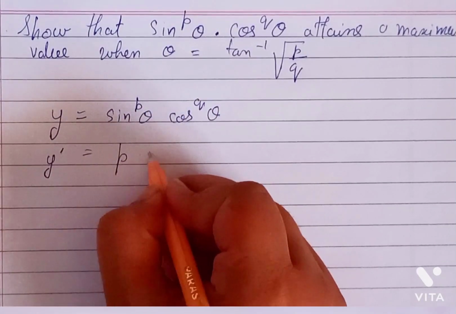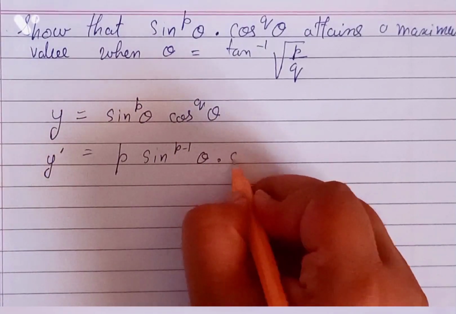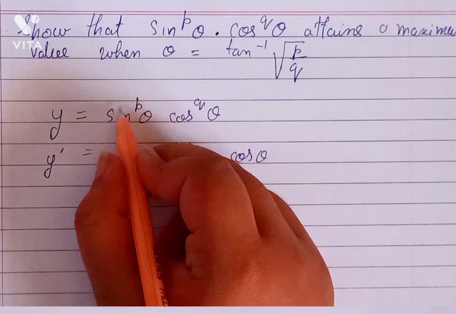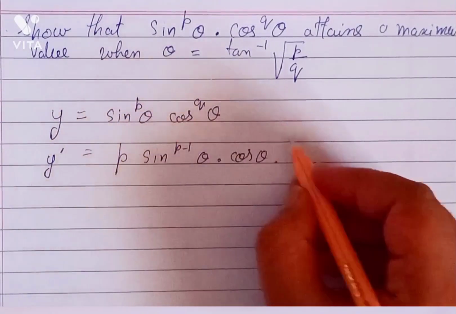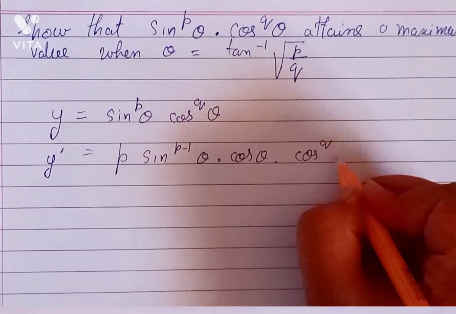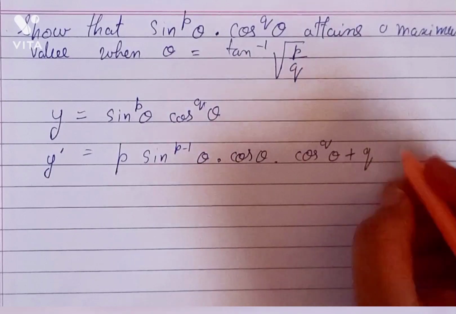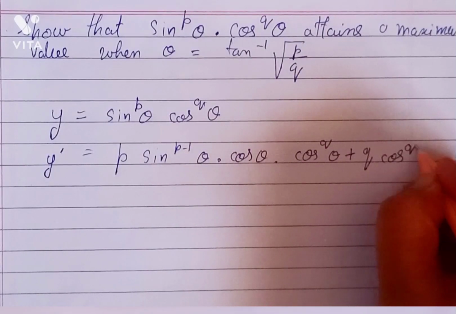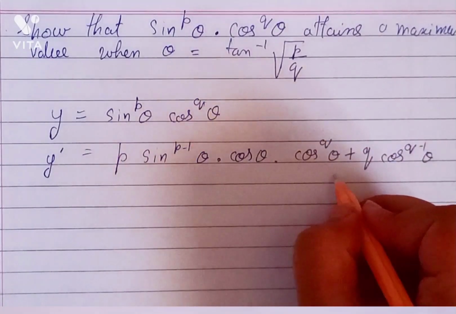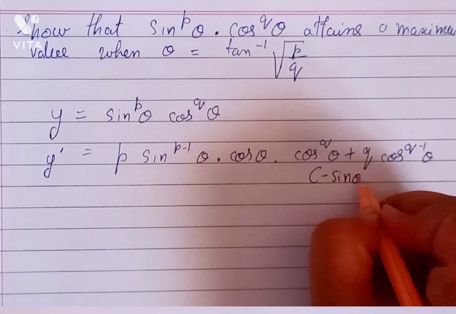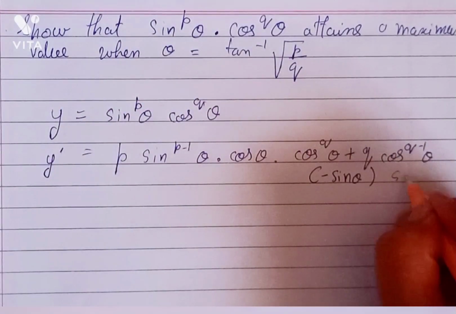So p sine to the power p minus 1 theta dot cos theta, means sine theta differentiation is cos theta, and then as it is cos to the power q theta, plus q will come out now, q cos to the power q minus 1 theta into differentiation of cos theta, that is minus sin theta, alright, into sin to the power p theta.